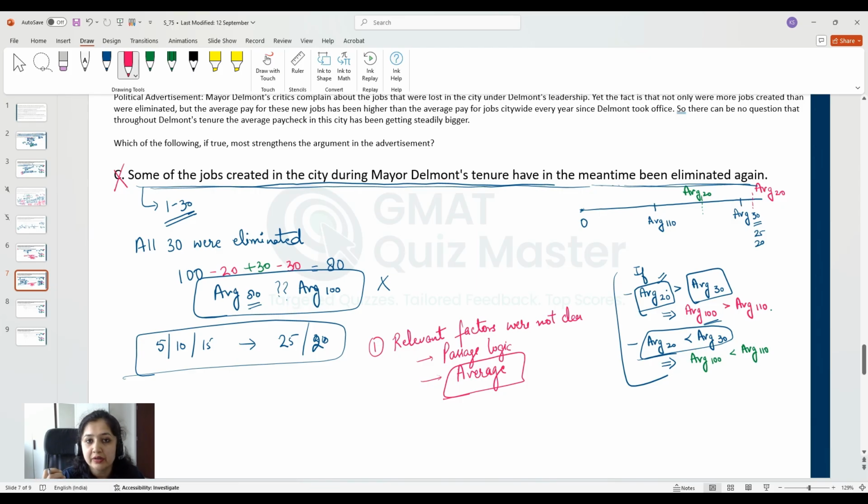So it is more on your understanding of averages than your CR skills here. And this is something that you need to evaluate on your own, whether you did not read the information properly, or whether it was because you are not comfortable with averages, or you did not create the correct correlations there, which led you to this misunderstanding.